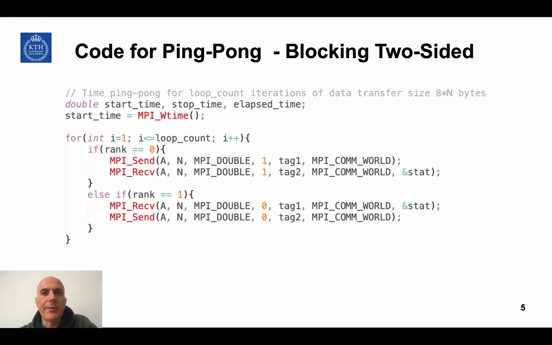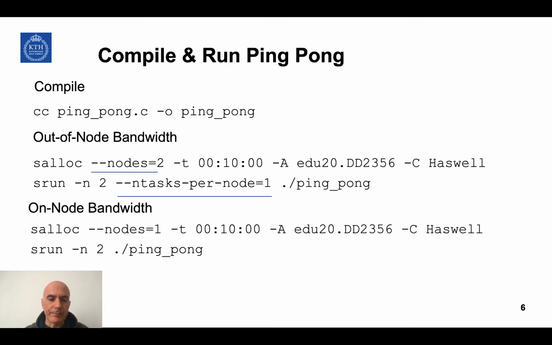Well, it first needs a matching receive, so it posts a receive, and after the receive is completed, it sends back to rank 0 the message with A. This is a very simple way to do a ping from 0 to 1, and then a pong from 1 to 0. When we take the communication time, we divide it by 2, and we can make the plot that we saw in the previous slide.